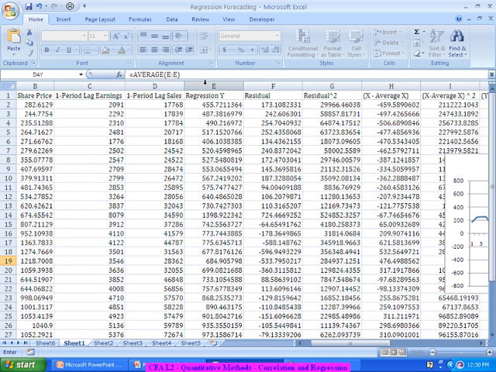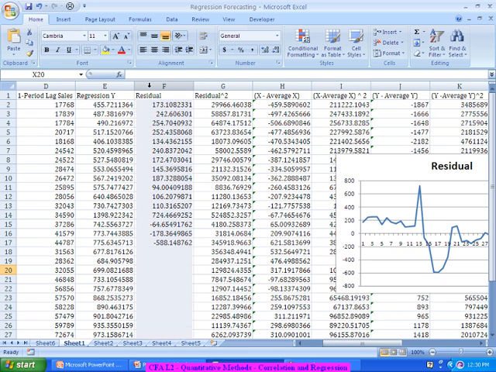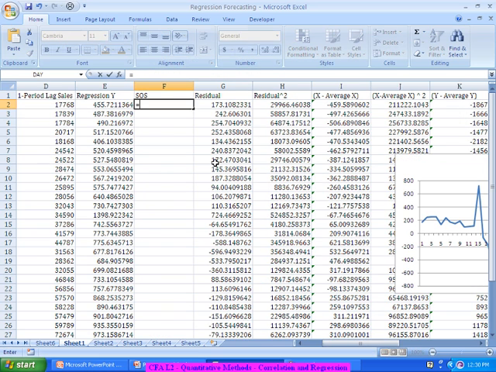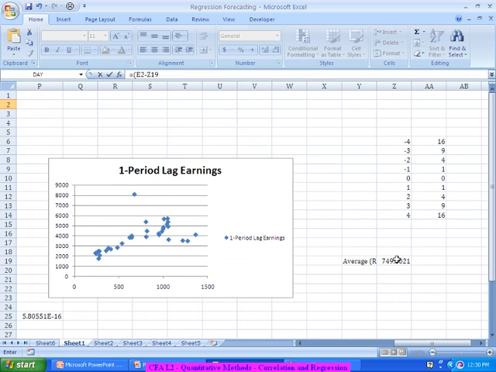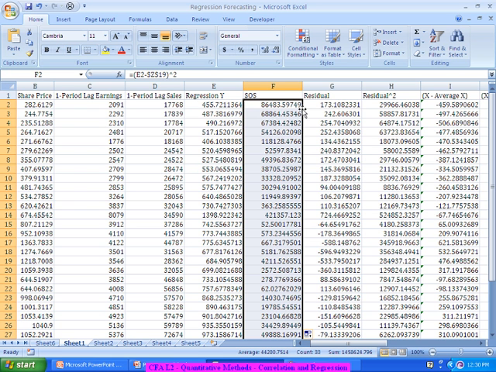Now if I want the sum of squares, from each regressed y value I subtract this average regression y value and then square it, and whatever sum I get of all these is what will give me the regression sum of squares.